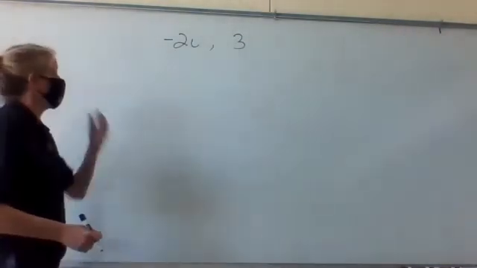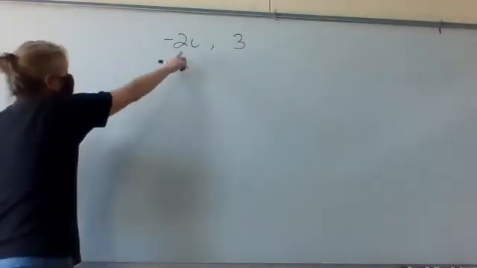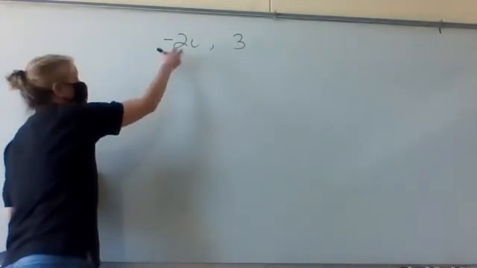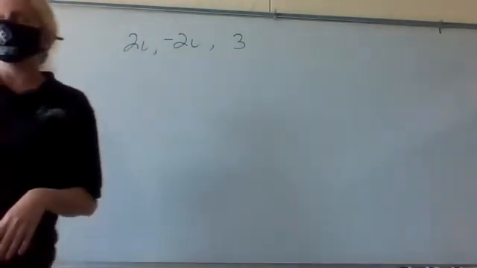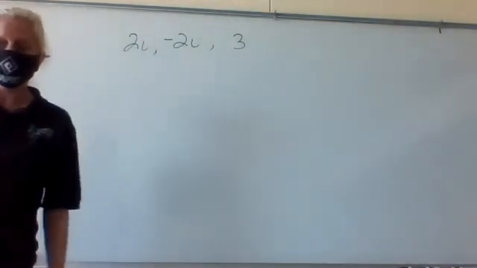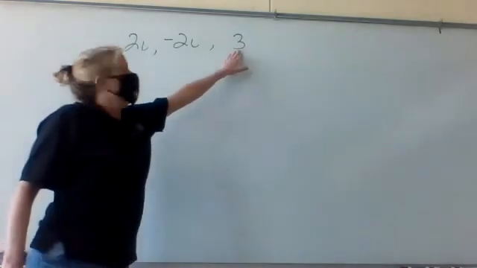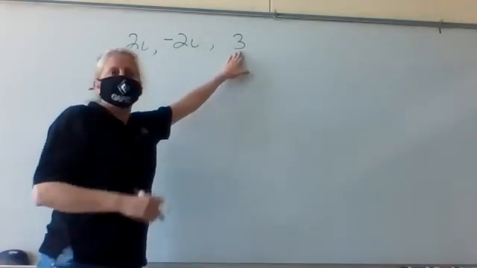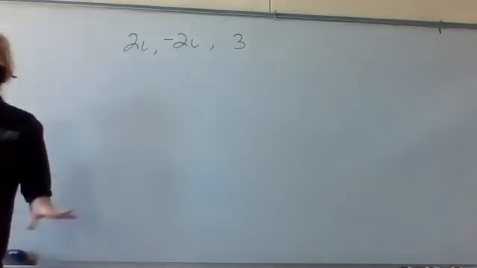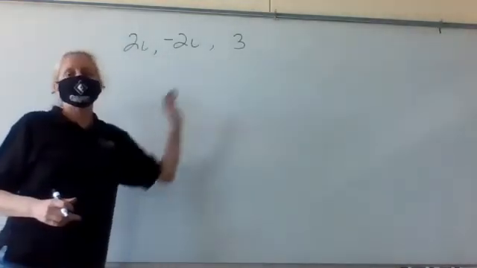Well, the first thing I need to realize is that if negative 2i is a 0, then it's missing the positive 2i, since it's not listed. So I need to write that up there first. The 3 is just a plain number. If it's not a square root or an i, there's nothing missing from it. So I found my missing 0.